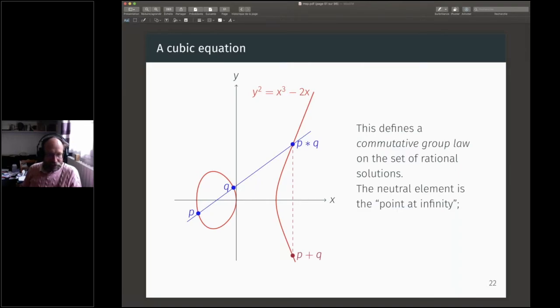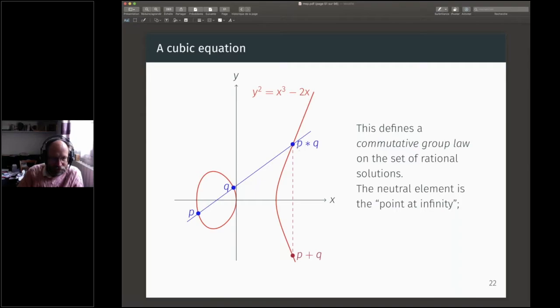And so P plus Q plus R is P plus Q plus R, and also there is a point which is a kind of zero, such that P plus 0 is P, and in fact this 0 is not a point which is drawn on the picture. It's really this point at infinity, which you get when P and Q are on the same vertical line. And also, if you have a point P, you have an opposite of P, which is just the point which is symmetric.